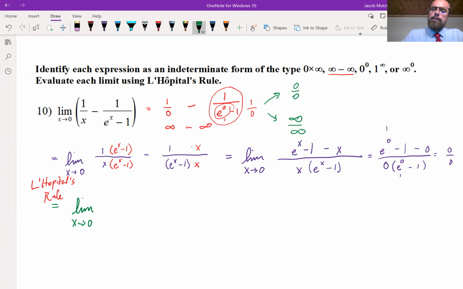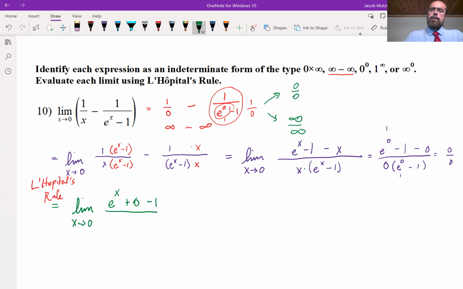So I want to take the derivative of this numerator, e to the x minus 1 minus x. So the derivative of e to the x is itself. The derivative of minus 1 is 0. And the derivative of negative x is minus 1.